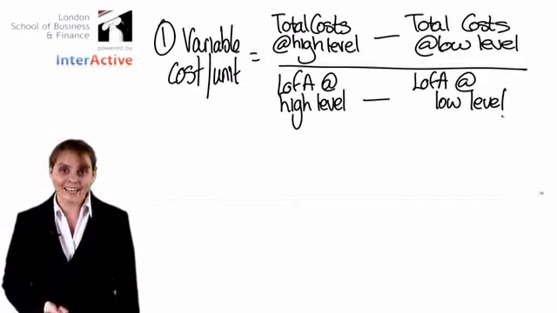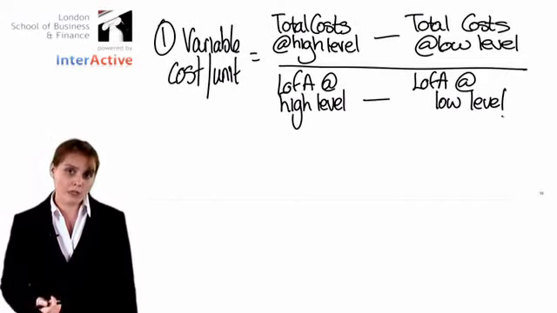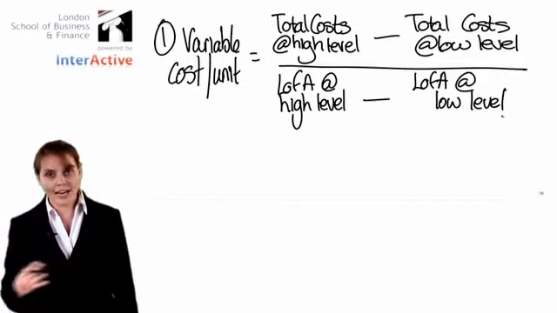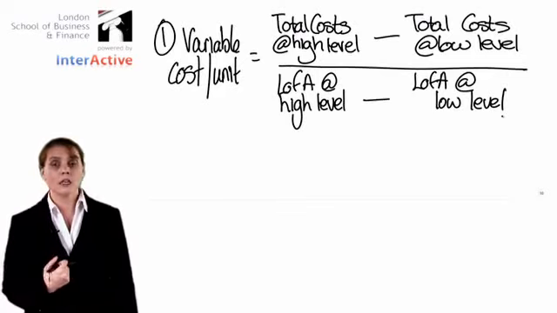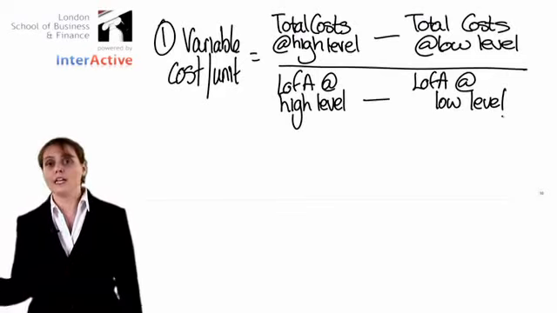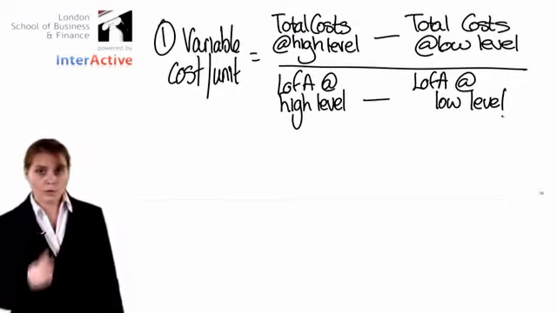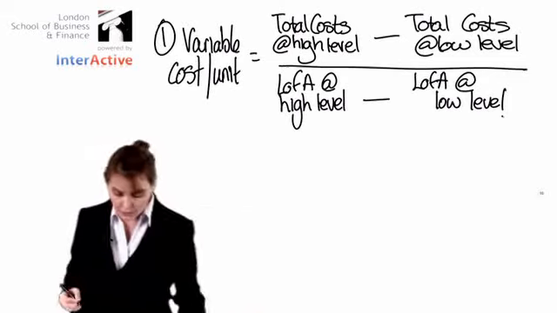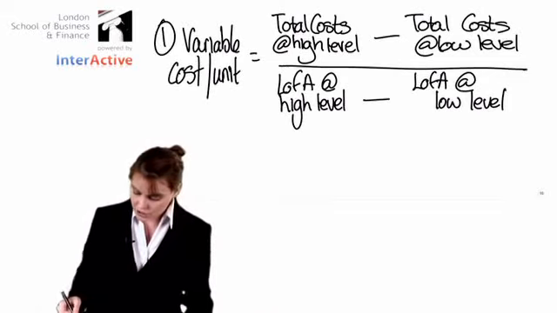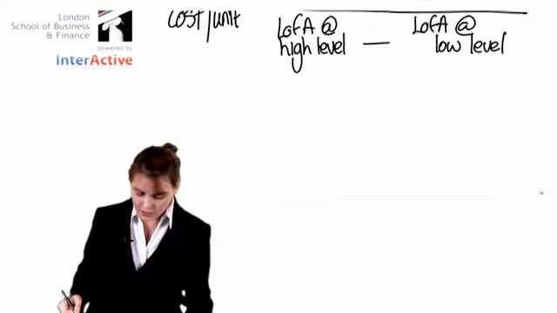So we can calculate the variable cost per unit by looking at the change in the total costs divided by the change in the number of units we've produced.